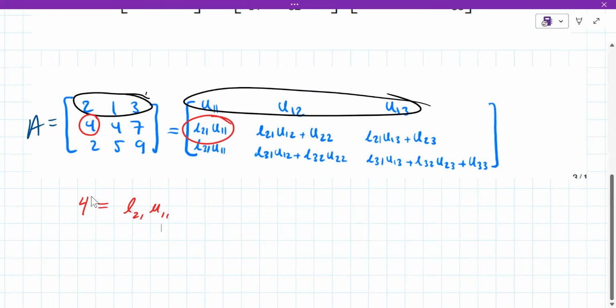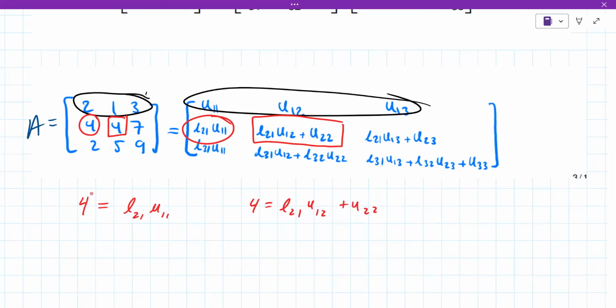And then we can do it again here. This box equals this box here. So 4 equals L21 U12 plus U22. So notice if you found L21, you could use it in here. Once you find some of these variables, you start using them.